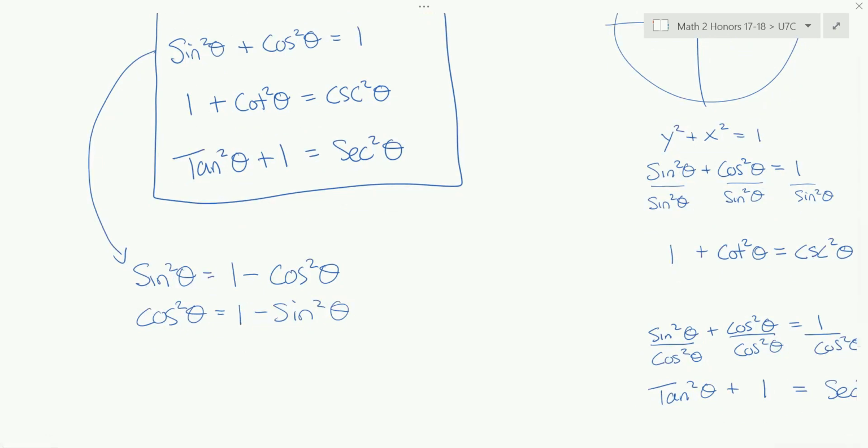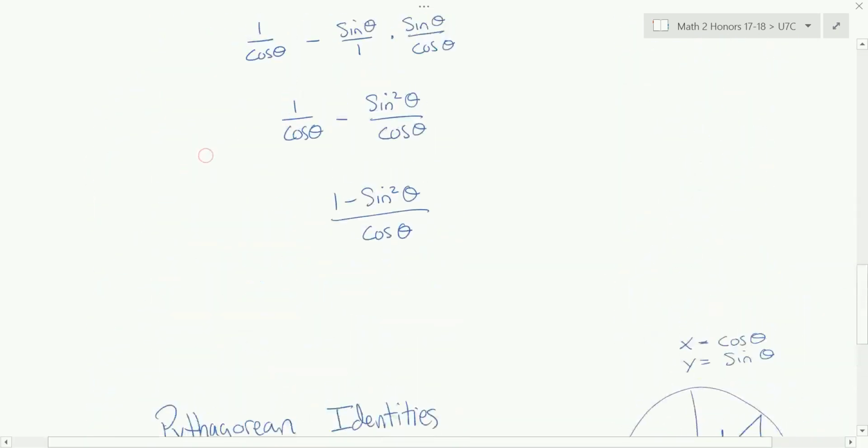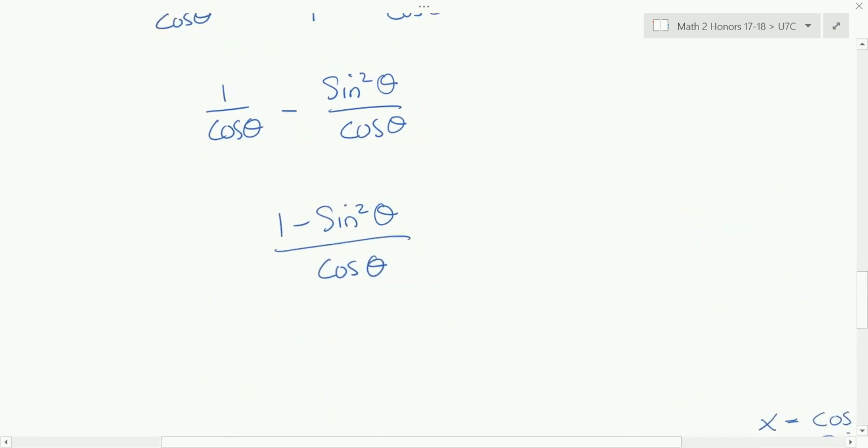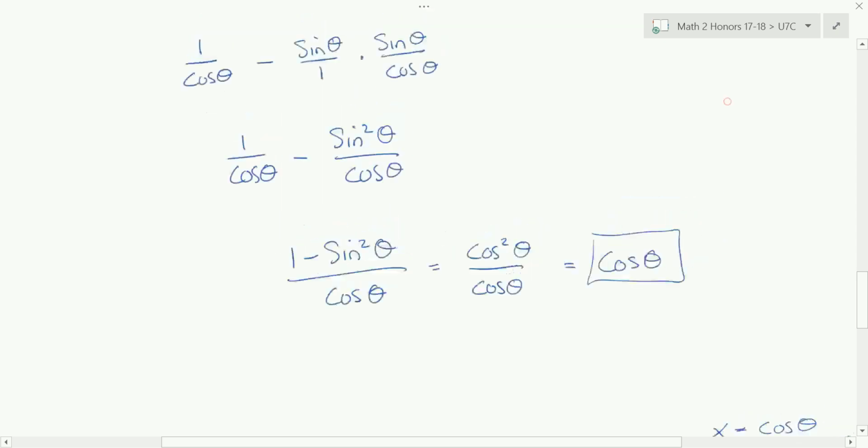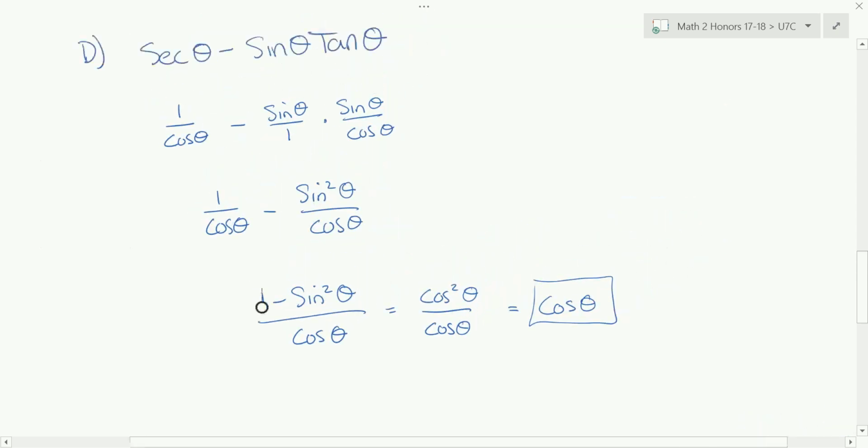So now that we know the Pythagorean identities, we can go back to D and, all right, 1 minus sine squared is what? Cosine squared. This is cosine squared over cosine, which just comes out to be cosine. So now by knowing that identity, we are able to simplify this way down. Look at this: cosine theta. Okay.